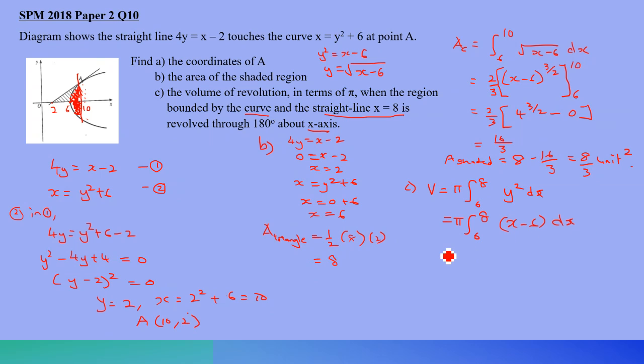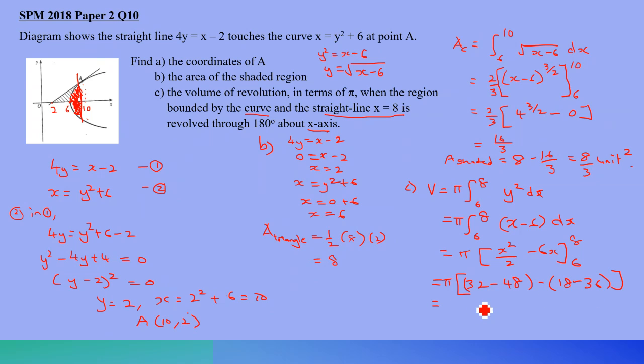So integration of this will give you x squared over 2 minus 6x. And then you can substitute your upper and your lower limit to find the answer. So you have 32, I simplify this, minus 48, that's the first part, minus, if I put 6, so 18 because divided by 2, minus 36.